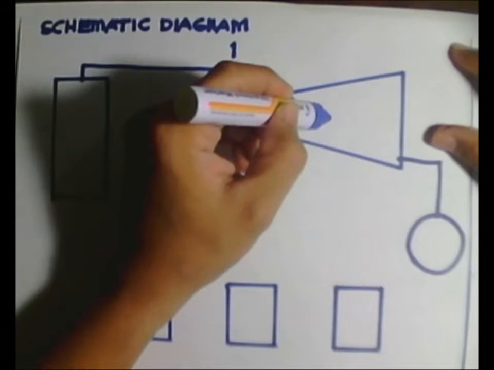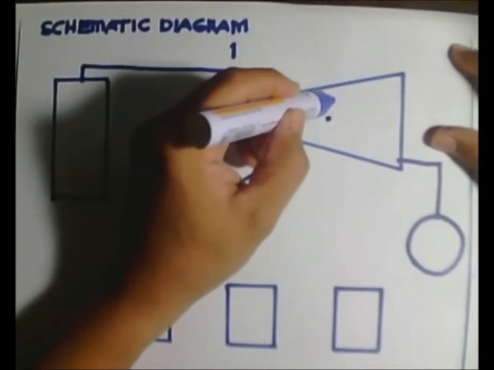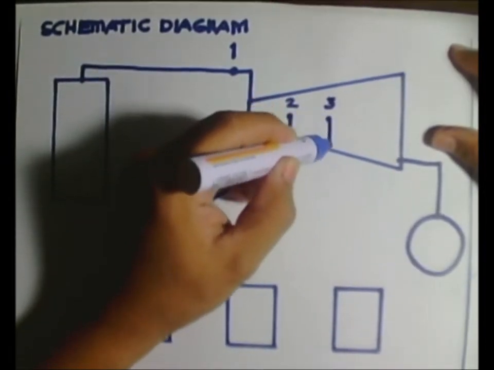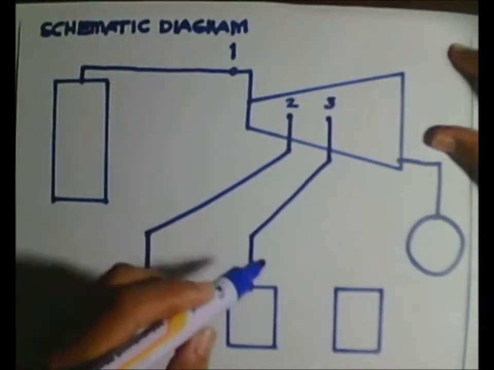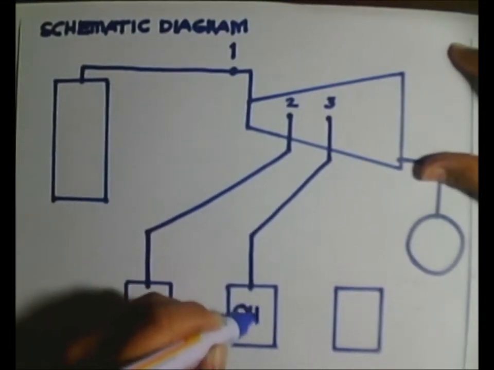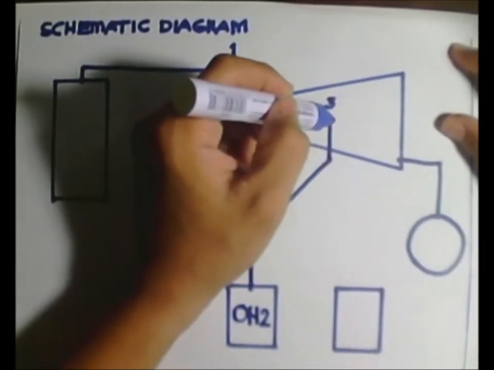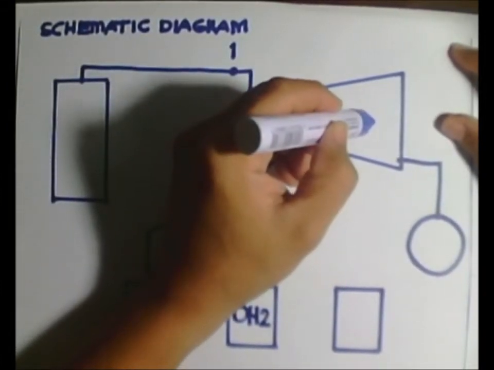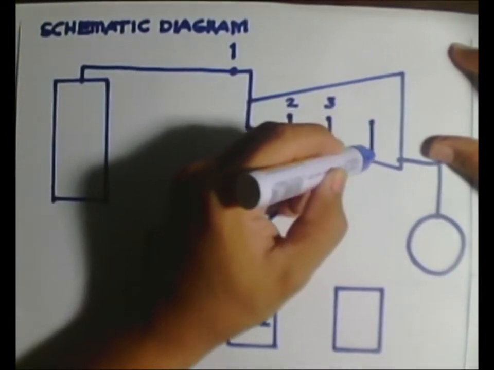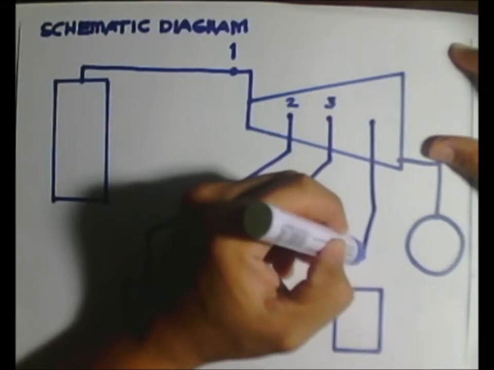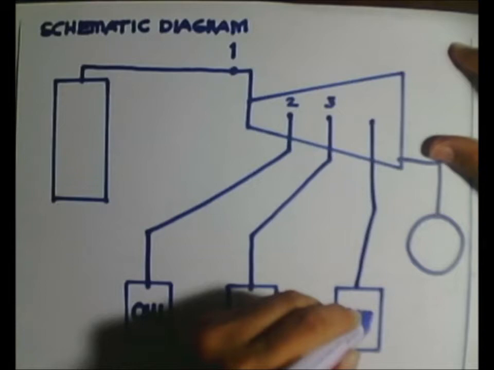Again, we have another extraction point here, call it point 3, that directs the steam to open heater 2. Steam continues to expand, and another point here, call it point 4, which takes again steam to open heater 3.